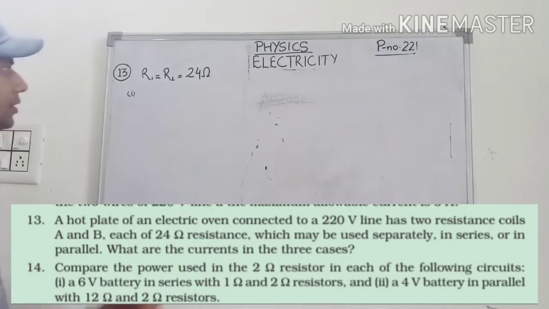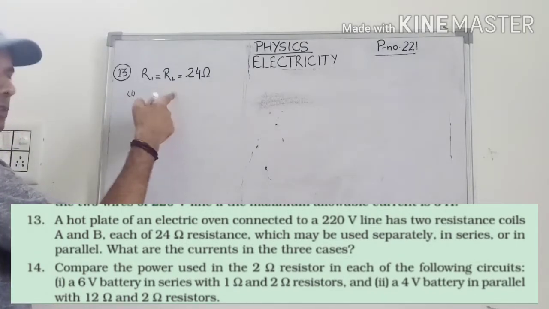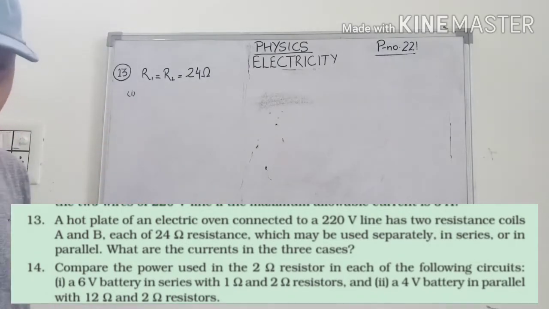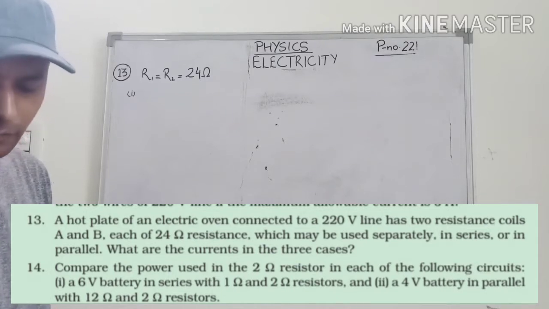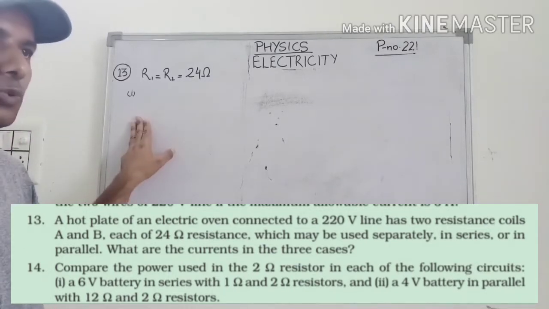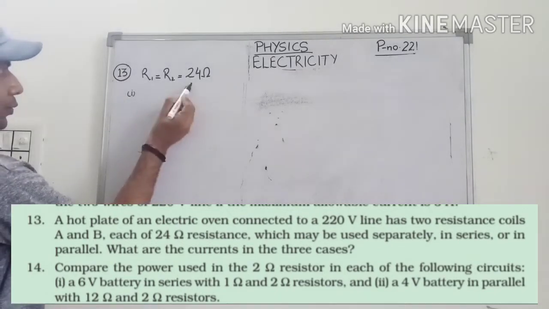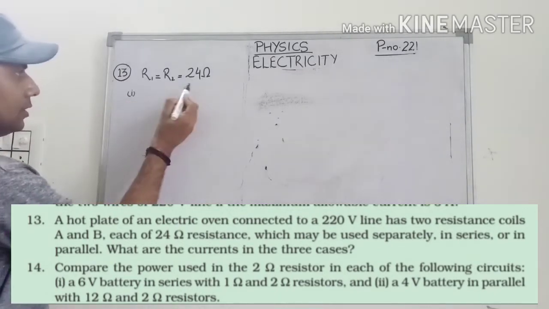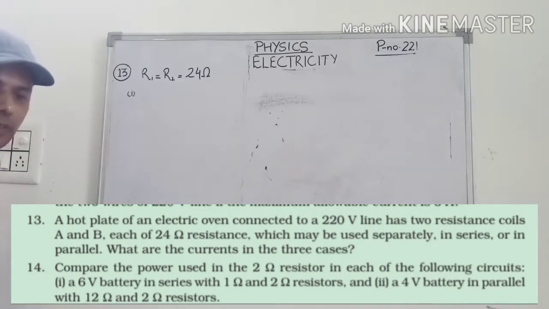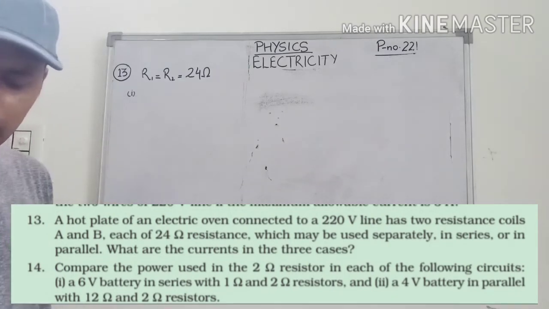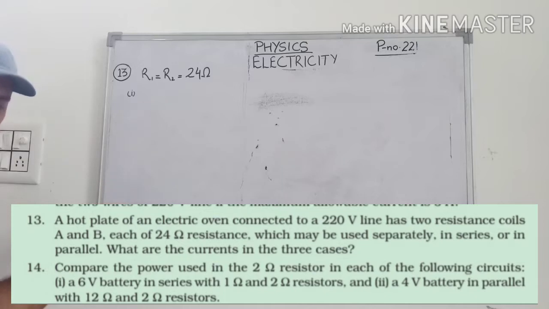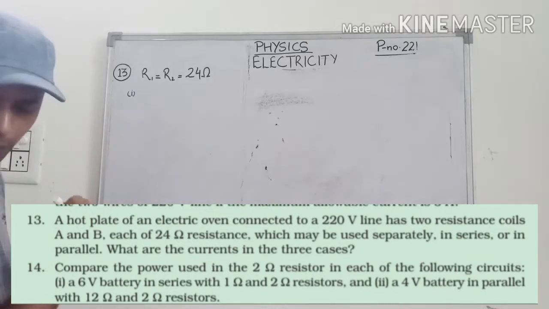The first condition is if we will connect the two plates or two coils separately, then what will be the current in the two resistance coils separately. Okay, as we know that both resistance coils are of same resistance value. Clear? So the current will flow the same in both, as much as flows in R1, the same will flow in R2.